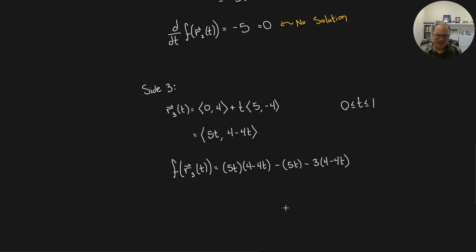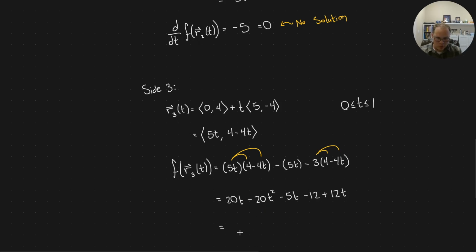Okay, let's tidy this up, and then we'll want to take the derivative to find our critical points. So here I need to distribute. I get 20t minus 20t squared. Here I get negative 5t. And here, distribute again, I get negative 12 plus 12t. Let's combine my like terms.